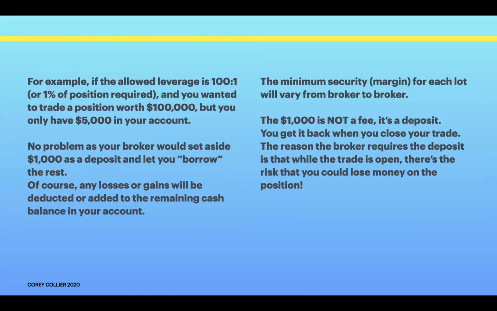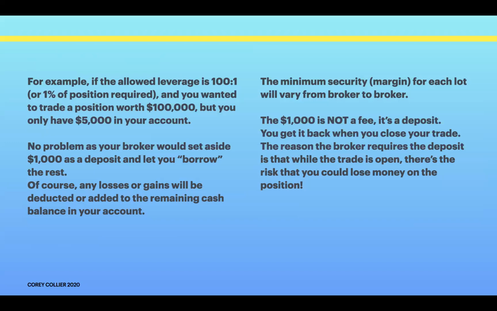For example, if the allowed leverage is 100-to-1, or 1% of the position required, and you wanted to trade a position worth $100,000, or 100,000 units, but you only have $5,000 in your account, right? No problem, as your broker would set aside $1,000 as a deposit, or your margin, and let you borrow the rest.